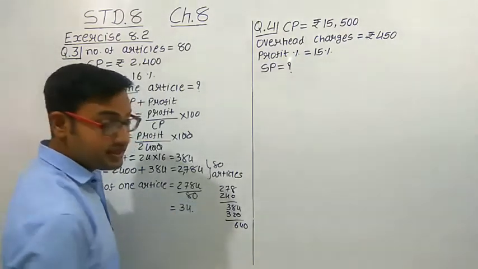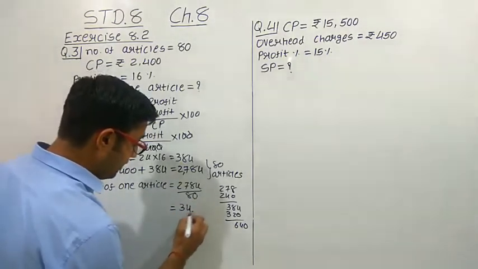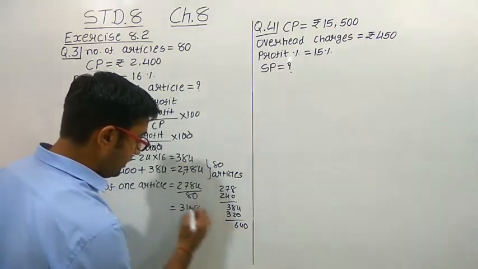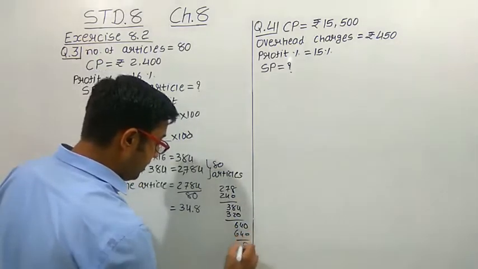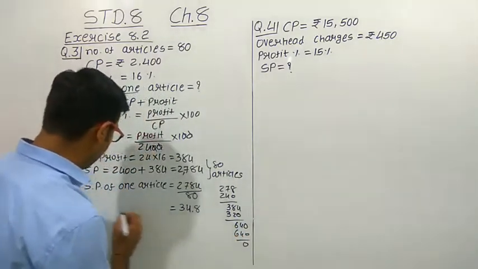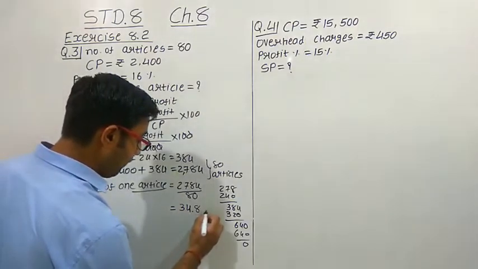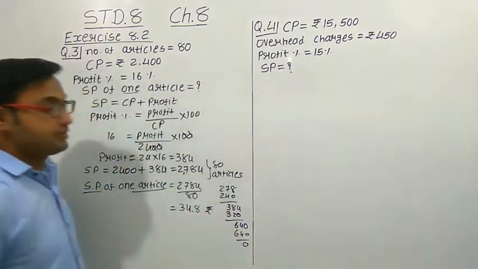Okay, 8 8s are 64. So here we get 8, right? So when we divide it by 80, we get 640 and the remainder becomes 0. So the selling price of one article that we get here is 34.8 rupees, right?